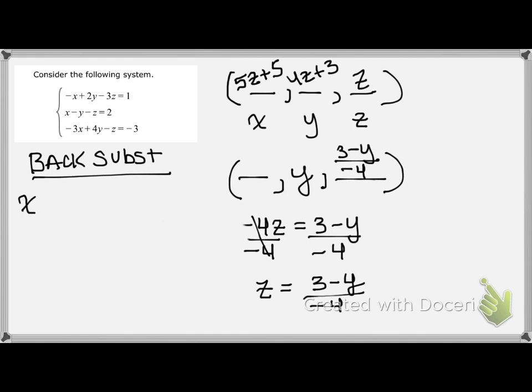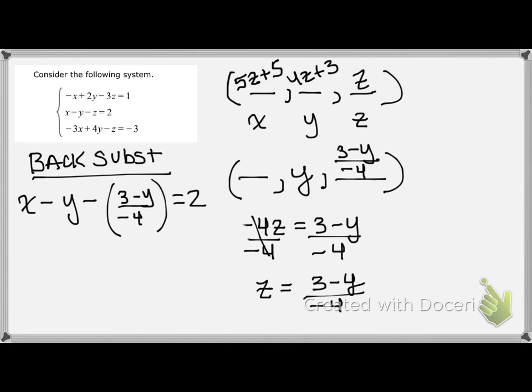So say I want x minus y minus this guy here for z, (3 minus y) over -4, equal to 2.